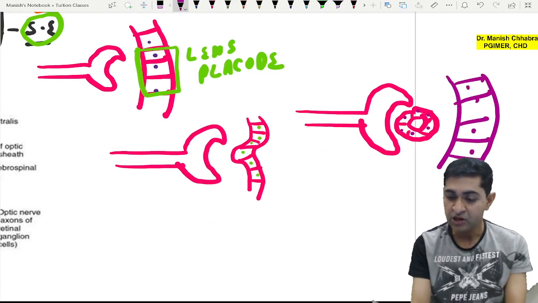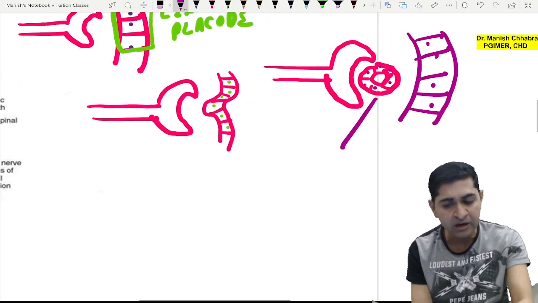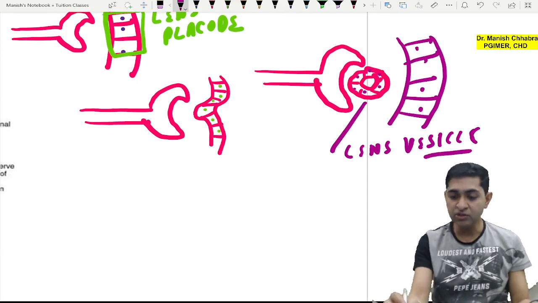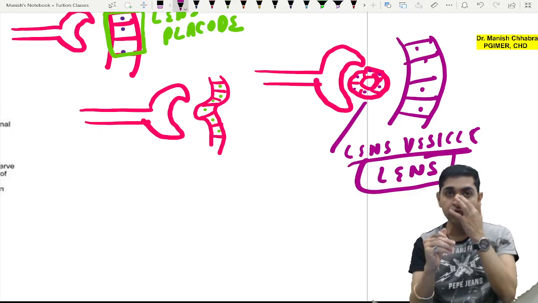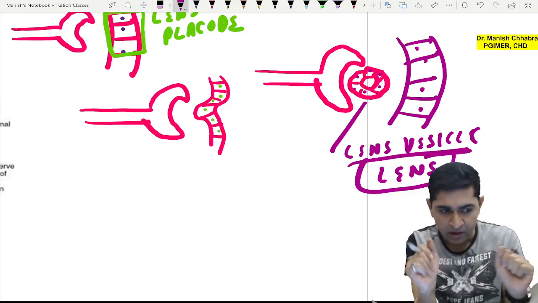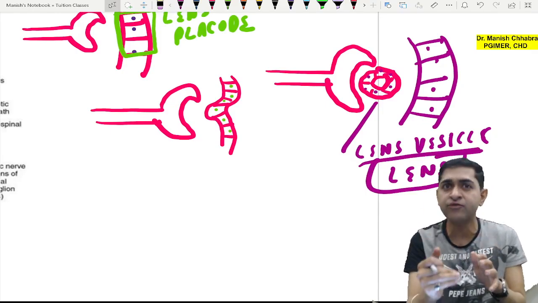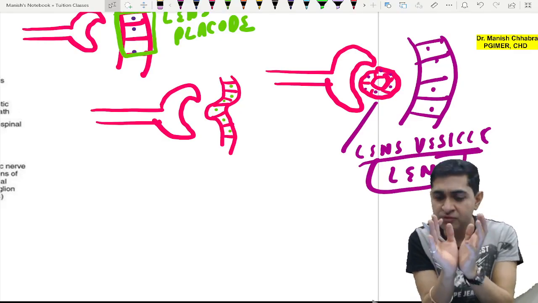So this is known as the lens placode. Now this is a rounded structure, the lens vesicle. This is ultimately going to form the lens. All right, so this is very basic. As we proceed forward, I'll let you know how it is formed and what things are happening.